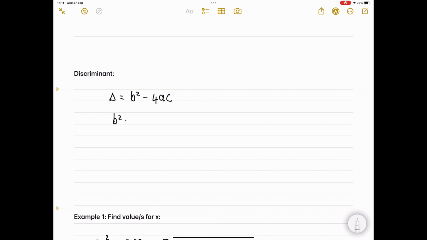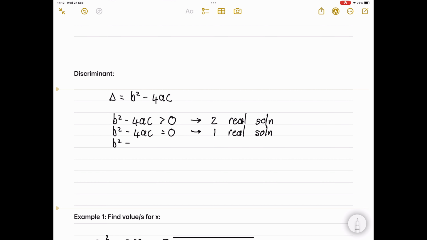So when b squared minus 4ac, the discriminant, is more than 0, that means that you have two real solutions, which basically means you have two values for your x. When the discriminant is equal to 0, that means you have one real solution or one value for x, or a repeated root.